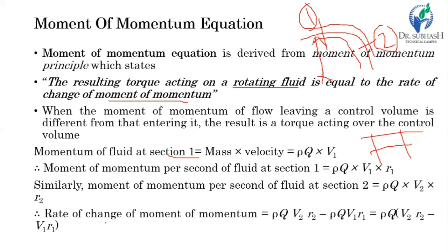So the moment of momentum at section 2 is rho Q times v2 into r2. The rate of change of moment of momentum per unit time from section 1 to 2 is the difference between these two: rho Q v2 r2 minus rho Q v1 r1, which is rho Q into (v2 r2 minus v1 r1).